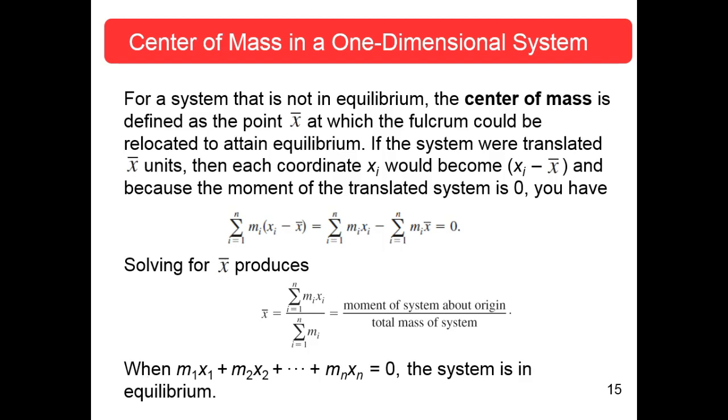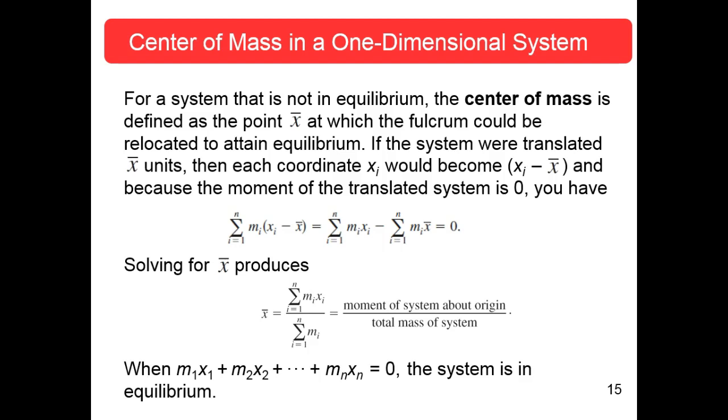If the system were translated x bar units, either right or left, whatever it took, then each coordinate x sub i would become x sub i minus x bar. You see, here you have to know the x bar to know how far to move it. And because the moment of the translated system is 0, all these are equal to 0.